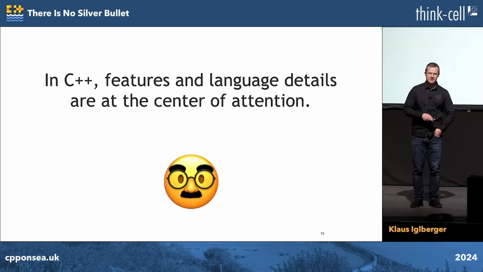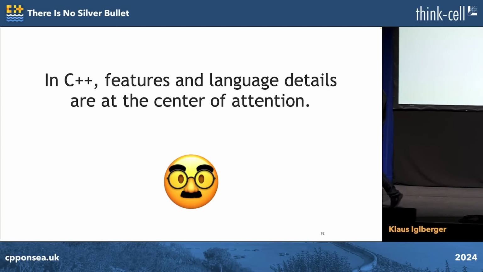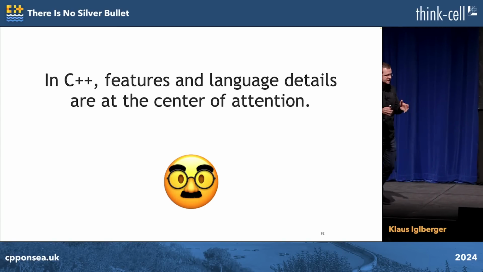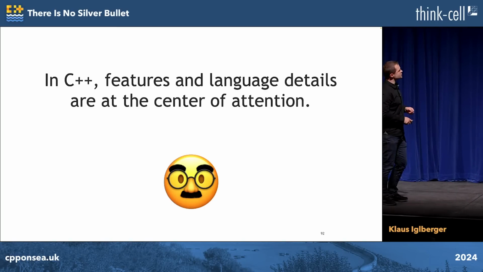I think in C++, features and language details are definitely in the center of attention. And I feel there is something wrong. We should put so much more effort in the direction of design, that everything works, the big picture, which might be a little harder, but we need that. This is, as I said, the reason why projects usually fail.